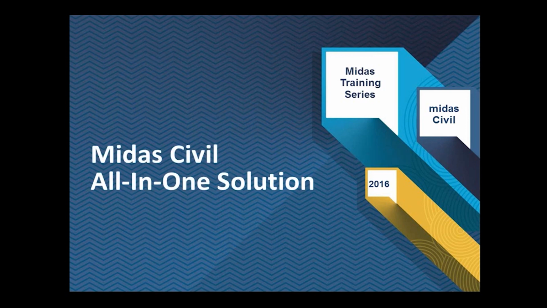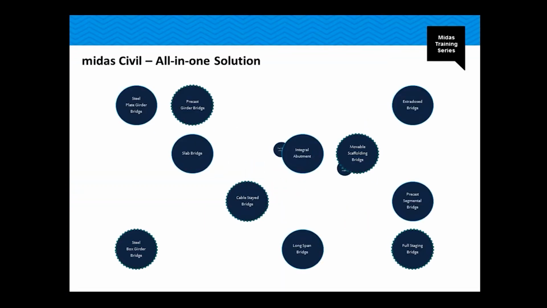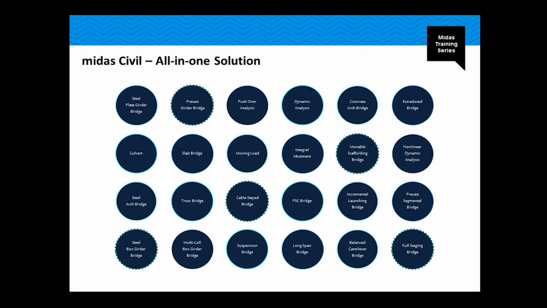So for those of you who do not know, Midas Civil is an all-in-one solution. In the program you can perform any type of analysis for any type of bridges, whether it's a steel girder, which is one of the bridges that we're going to talk about, or precast as well.